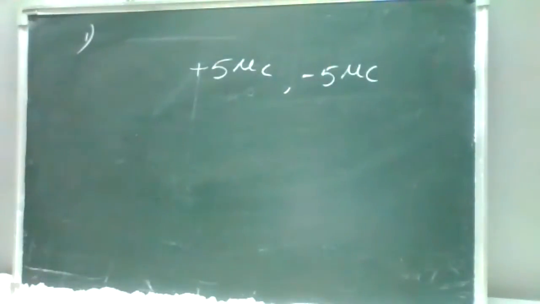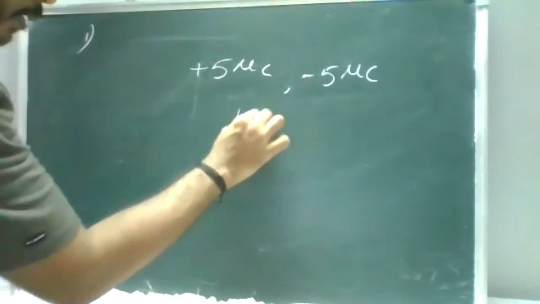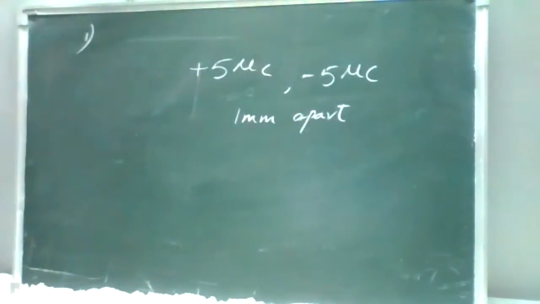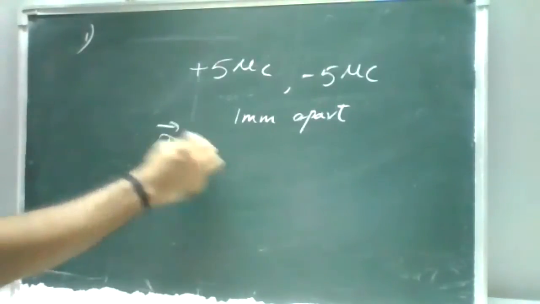Two charges, plus 5 microcoulomb and minus 5 microcoulomb, are placed 1 mm apart. Calculate the dipole moment.